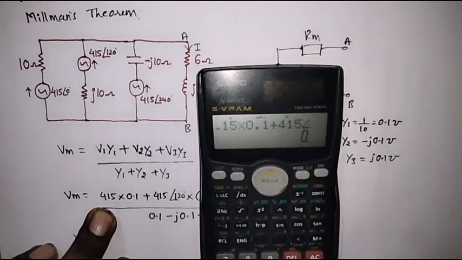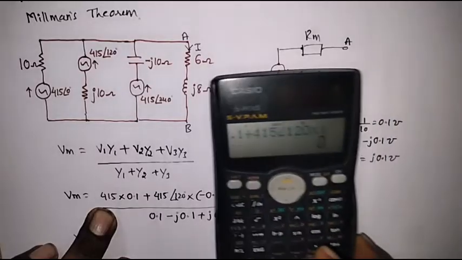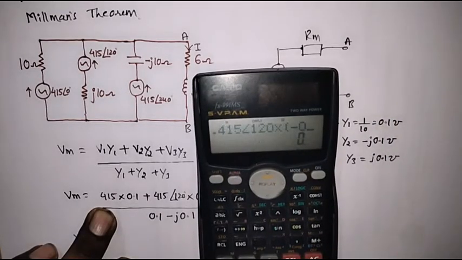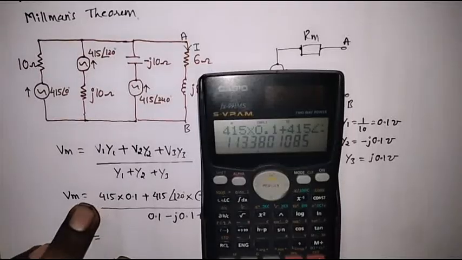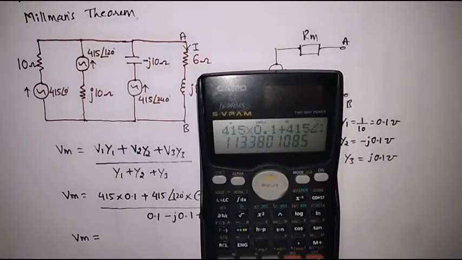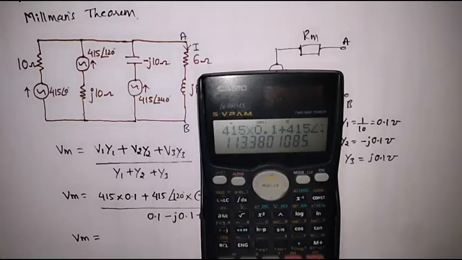Here we have the angle sign, that is 415 angle 120 into minus 0.1 J, similarly plus 415 angle 240 into 0.1 J, which is equal to, we got it as 113.38.